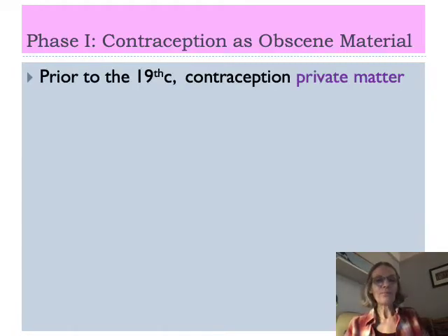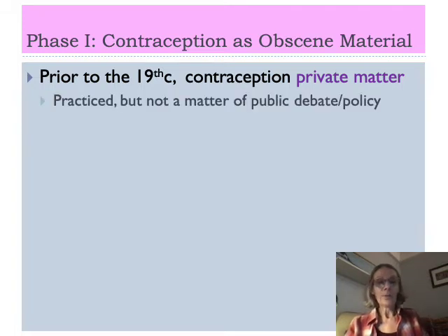Okay, so prior to the 19th century, contraception was really regarded as a private matter. People have been using contraceptives for thousands of years. But it wasn't seen as an issue that needed to be tackled by government, or that there needed to be policies in place to regulate the distribution of contraceptives.